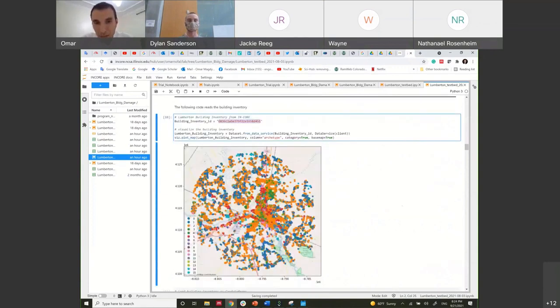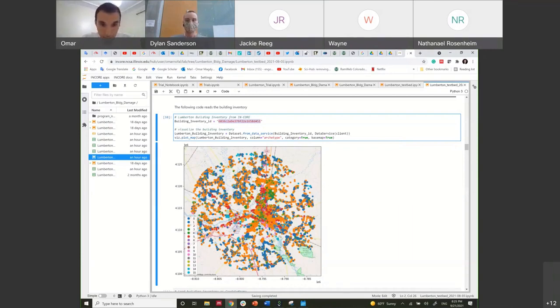Lumberton is here in the middle, but we try to include a circular area around Lumberton, so we can have the buildings within and around Lumberton that share the city facilities, if we are going to do some economic and infrastructure analyses. Sometimes we need to identify people who live outside the floodplain but work inside the floodplain, so we try to be conservative and include some buildings around Lumberton.